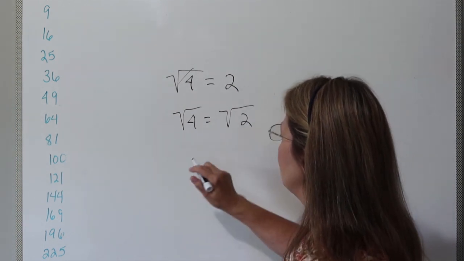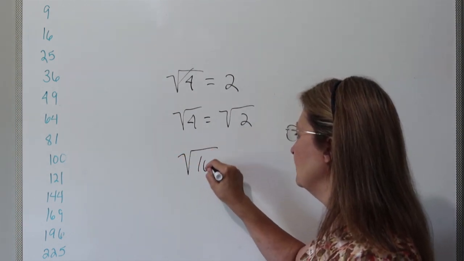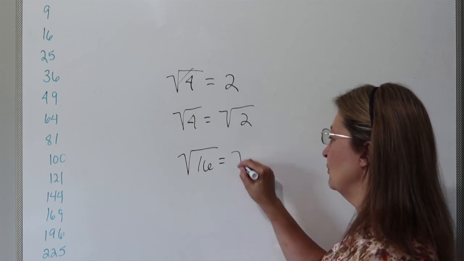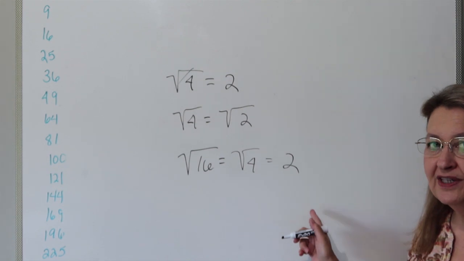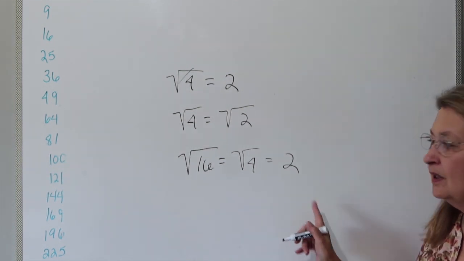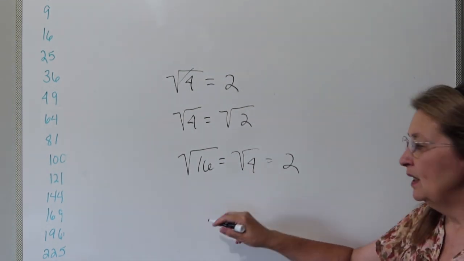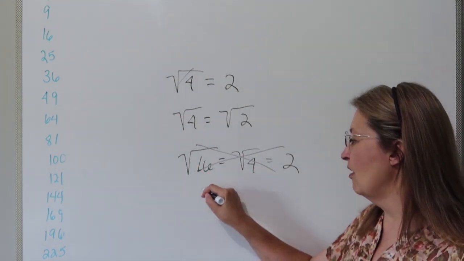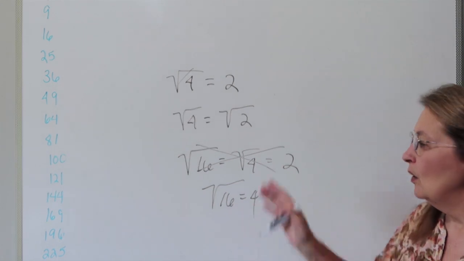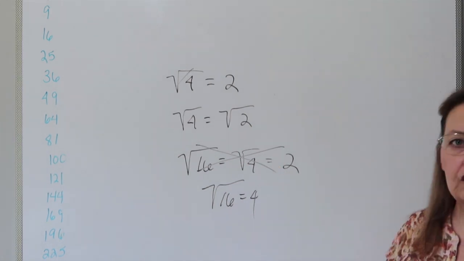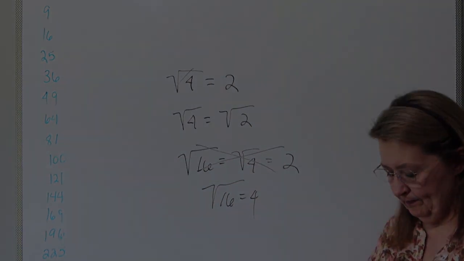What this leads to is, like if you've got square root of 16, when you take the square root of it, I'll see people do this. The square root of 16 is not 2. It is not square root of 4. It is just 4. So this is not correct. The square root of 16 is 4. So anyway, once you take the square root, you don't get to use the sign again.